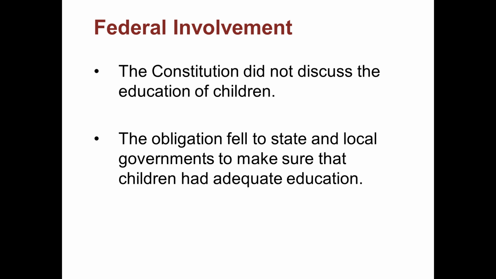First of all, it's important to know that federal involvement in the education system is a relatively new development. Throughout most of history, up until the 1950s, the education system was left pretty much exclusively up to states and local governments.